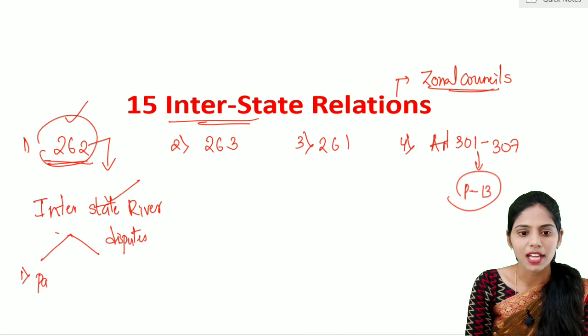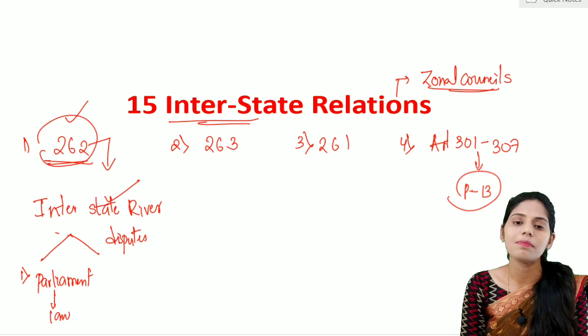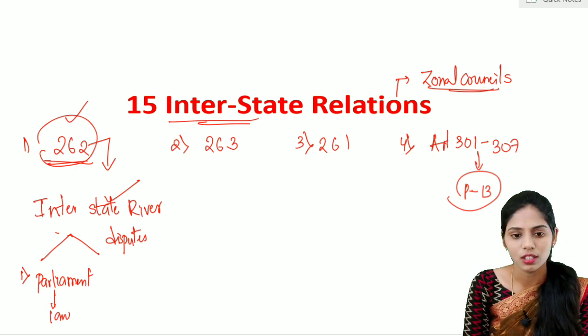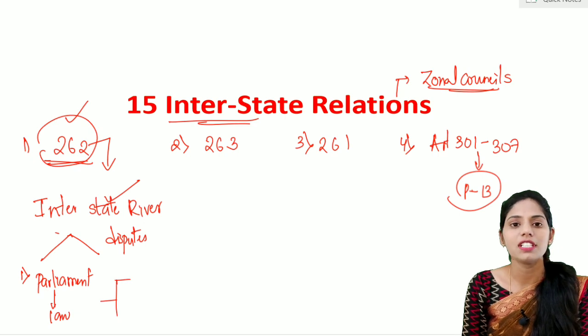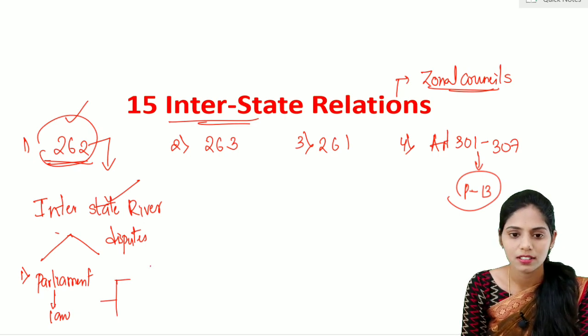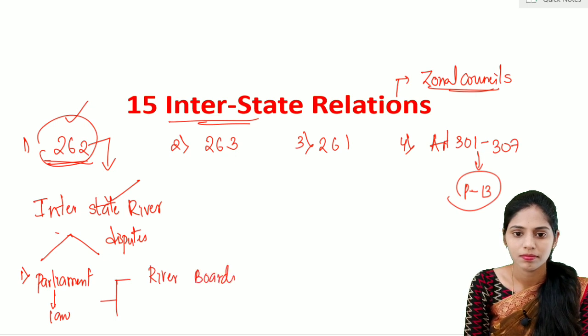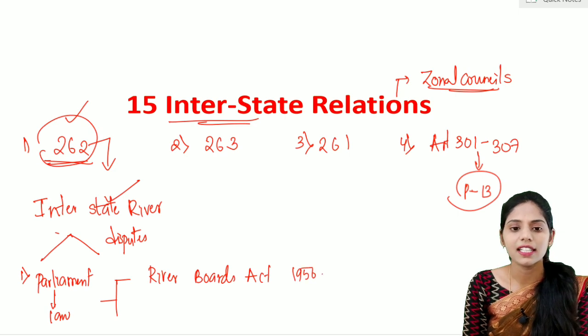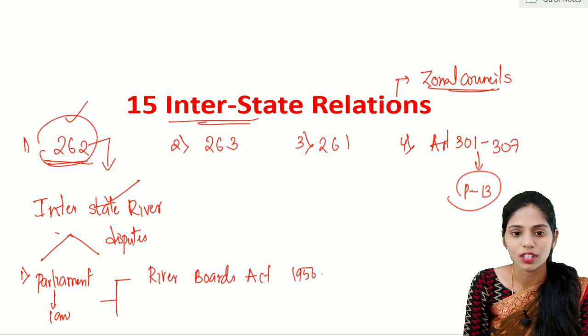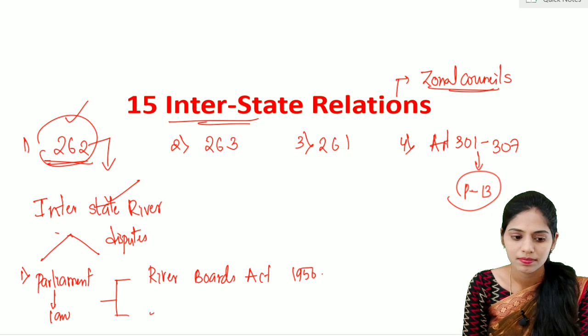That is, Parliament has the power here. Parliament can make the law. So under this provision, Parliament came up with two important laws or acts. The first one is the River Boards Act of 1956, and the next one is the Interstate River Water Dispute Act.